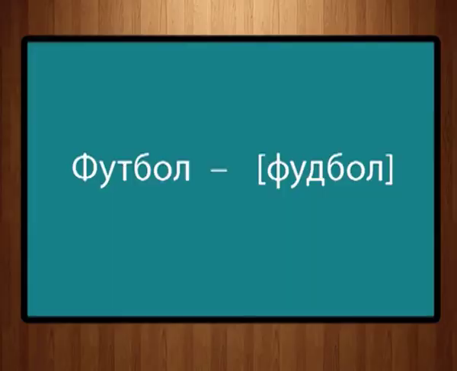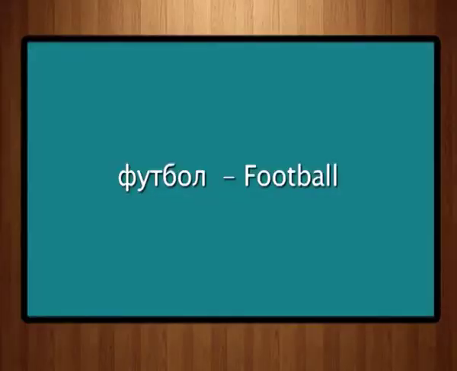As you can see, there are two consonants in this word, t and b, and t is a voiceless consonant and b is a voiced consonant. So, how are we going to pronounce this word? If a voiceless consonant occurs before a voiced consonant, it is pronounced as its voiced counterpart. Football, football. So, this t will be pronounced as its voiced counterpart, which is d. Let us take another example.